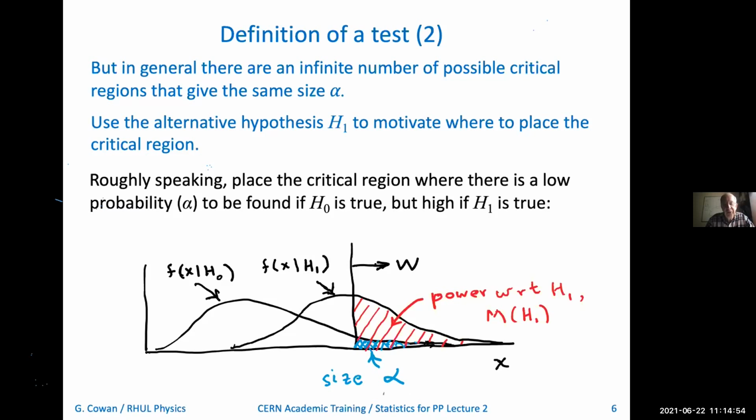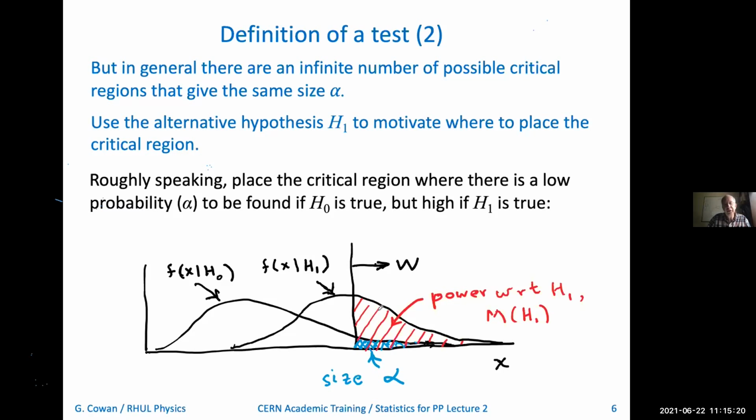And I want a test of some size alpha, say 5%. You can see that the probability content of this f of X given H1 is concentrated further off to the right. Therefore, I would place the critical region W on the right, such that there would be an upper tail area of alpha under the curve f of X given H0.